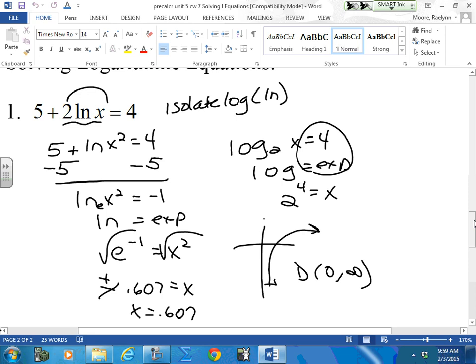But when you have a log on one side, your goal is to flip this to an exponential equation. Remember the base for ln is e. Remember the base for a log is 10 if it's not there. And in this case, remember your domain for your logs, or ln, is from 0 to infinity.